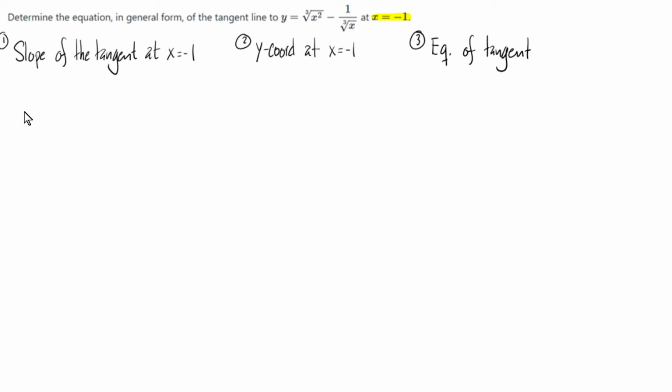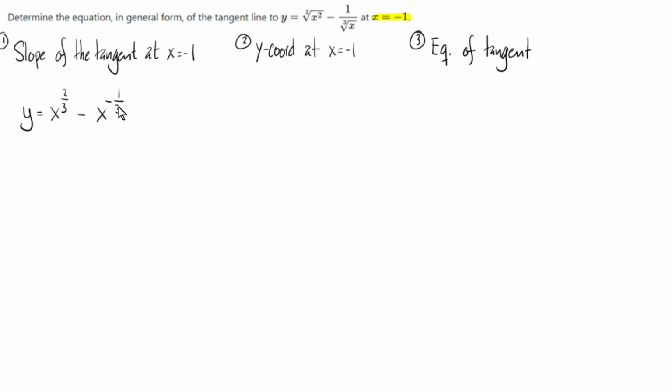So we can rewrite this as y equals x to the power of 2/3. That's going to be the first term. The second term is going to be x to the power of negative 1/3. Negative sign because we apply the negative exponent law.